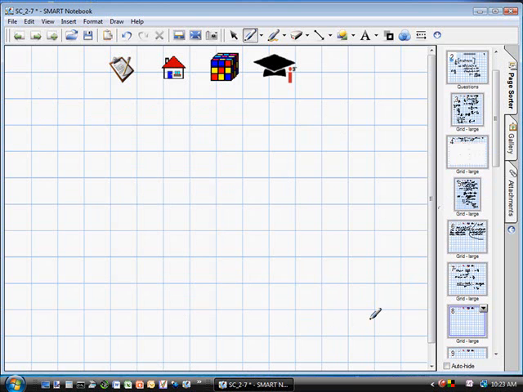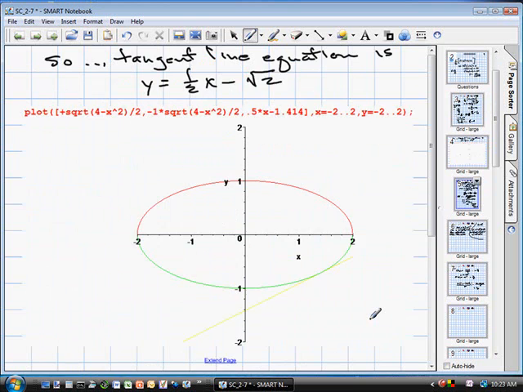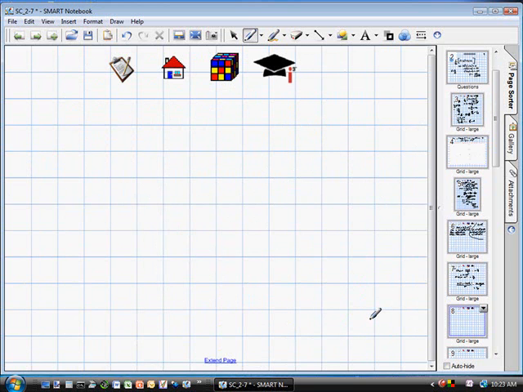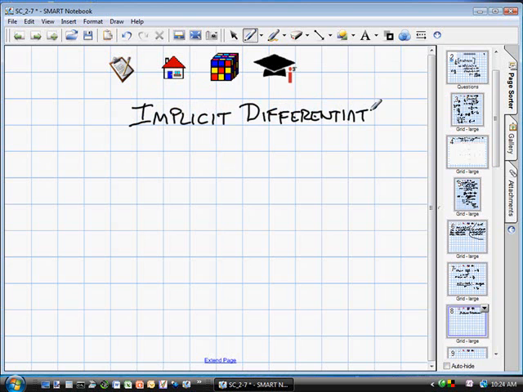All right. Well, let's get started on implicit differentiation. What we've been doing up until now is called explicit differentiation, even though I haven't told you that.